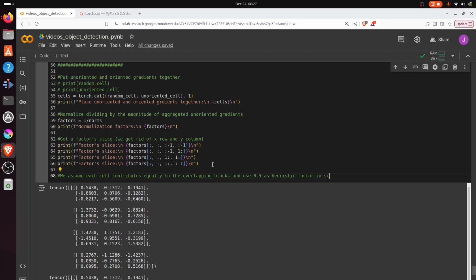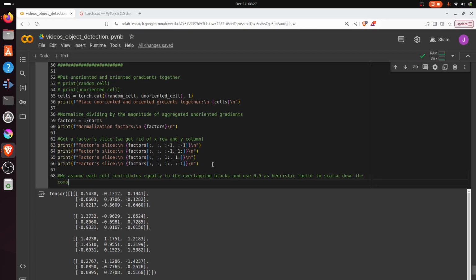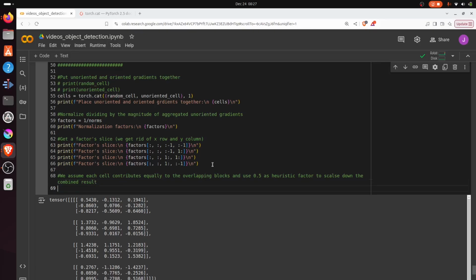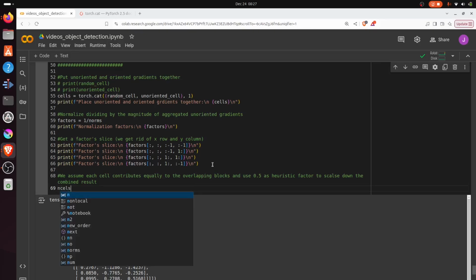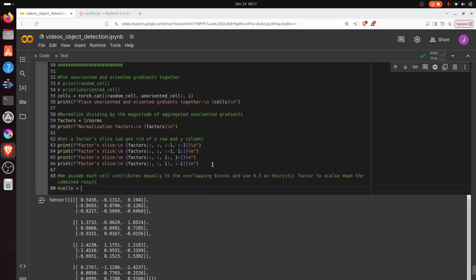We use it to then scale down the combined result. So basically we don't want huge differences between all the gradient contributions. Having a 0.5 multiplication is going to scale down the combined result. So let's define this.